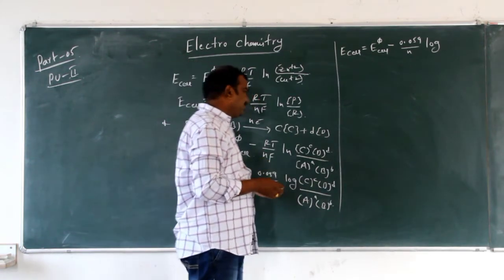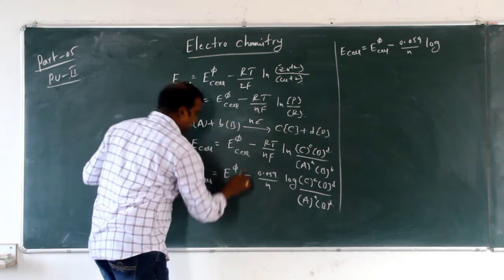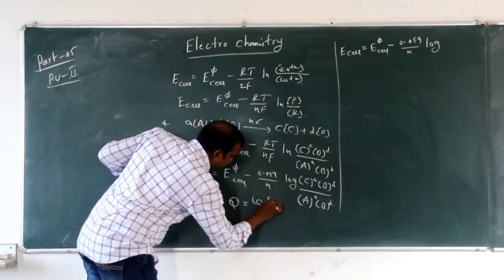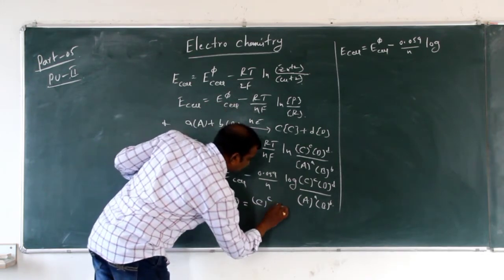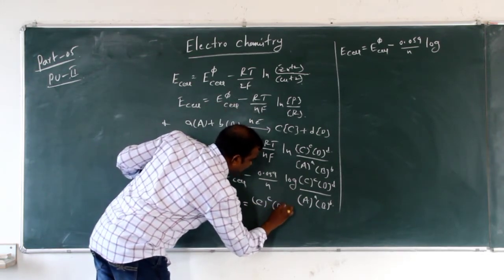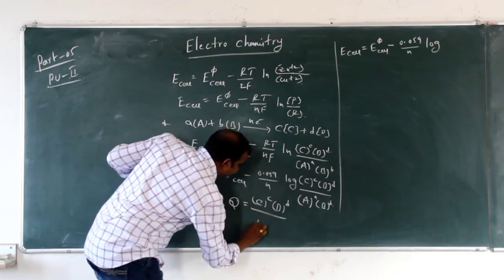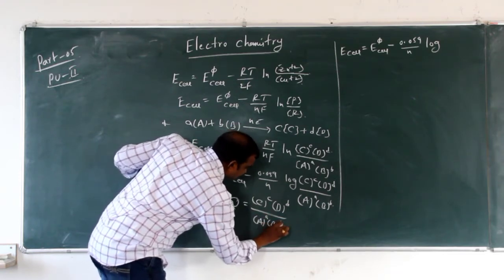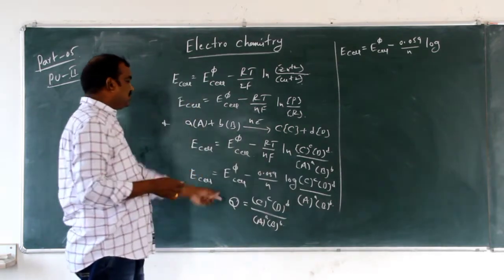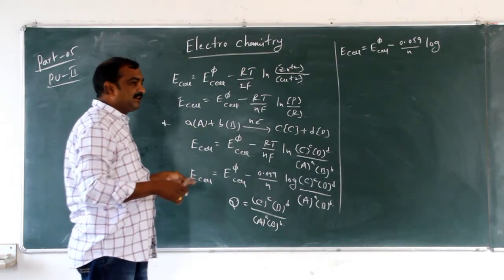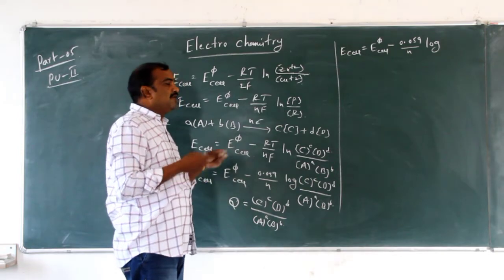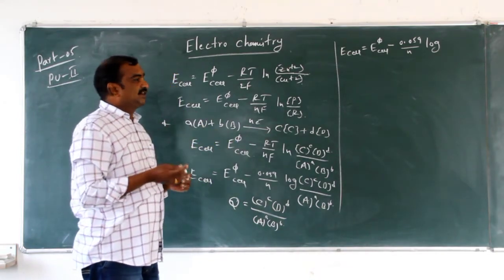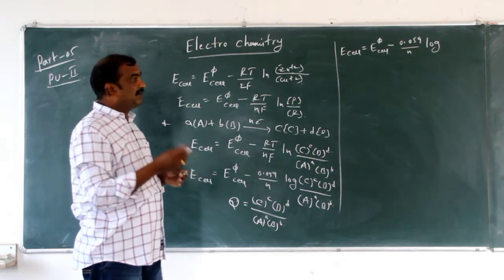How can you write it for this reaction? Q is products concentration raised to their powers by reactants concentration raised to their powers. That means Q is the ratio of products concentration to their powers to reactant concentration to their powers.